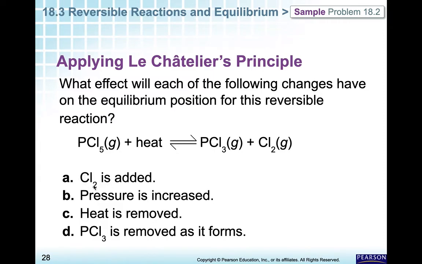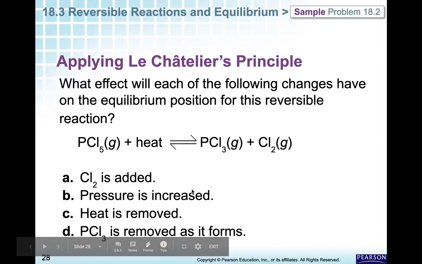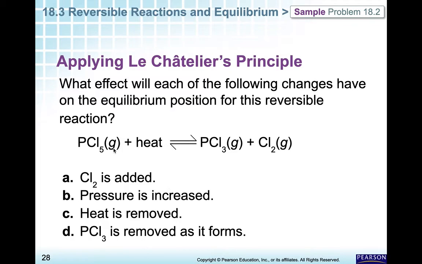If we add Cl2, we add a product, the system will want to shift towards the reactants to consume that additional Cl2 we added. If we increase pressure, let's see, we've got 1 mole of gas over here, we've got 2 moles of gas over here.